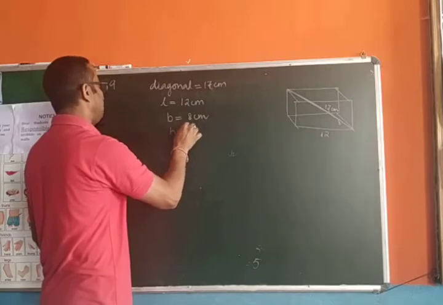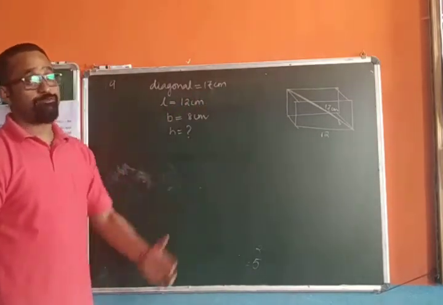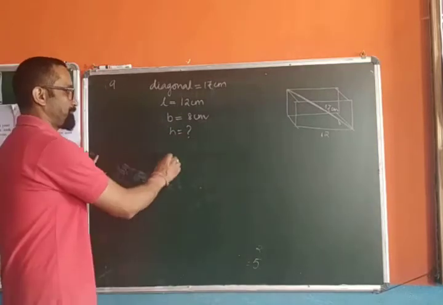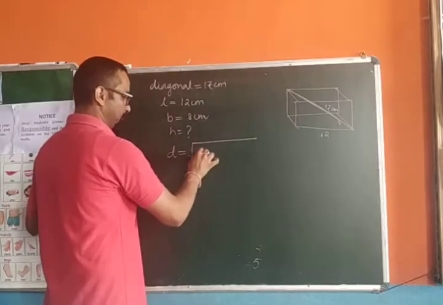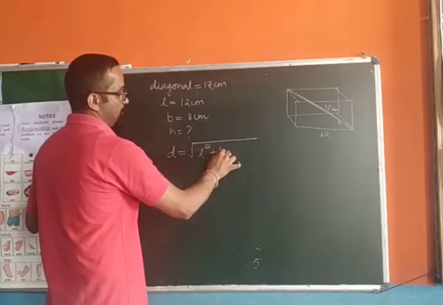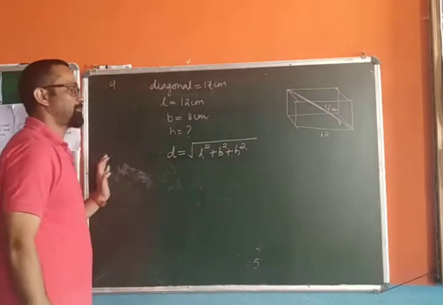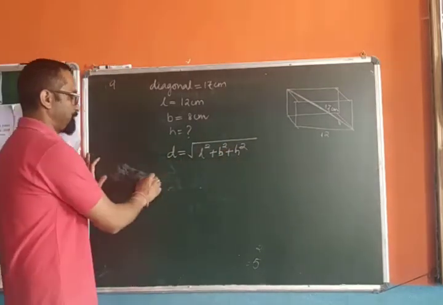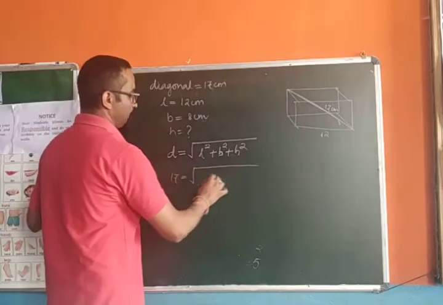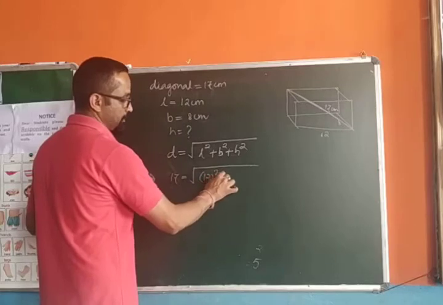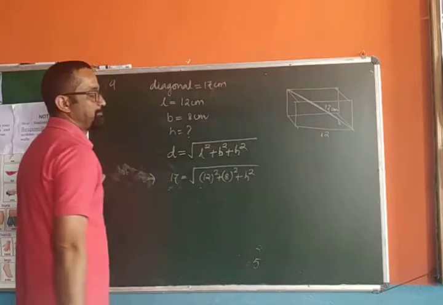Question says that calculate height. Use diagonal formula to calculate height. D equals root of A squared plus B squared plus H squared. Substitute the value. It is 17 equals root of 12 whole square plus 8 whole square plus height square. You have to calculate height.